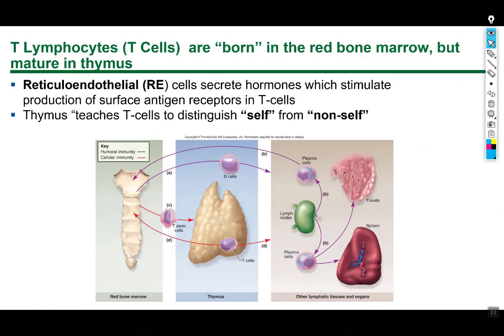So now we're going to get into why these cells have the names T and B respectively. So T cells, which are responsible for, again, cellular immunity, these are born in the red bone marrow, but they mature in the thymus. So the thymus is an organ that is very large in children and increasingly small in adults. And that's because you can think of the thymus as being kind of like the most brutal and intense police academy ever.